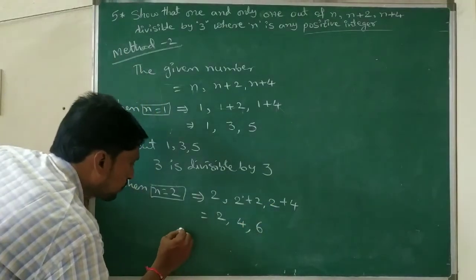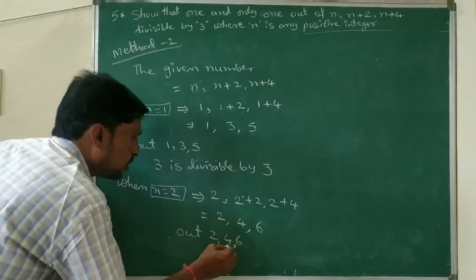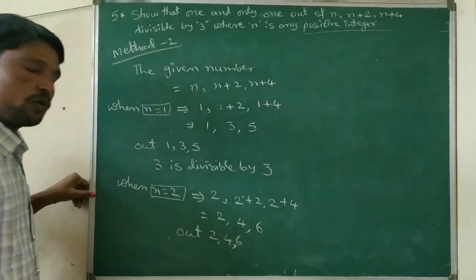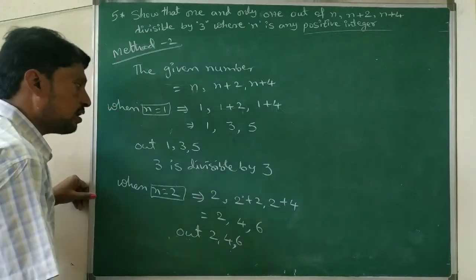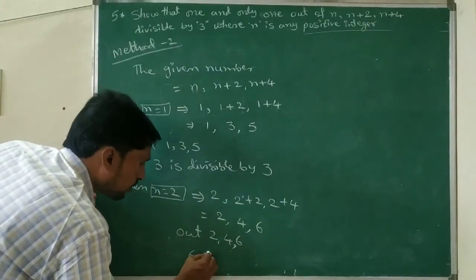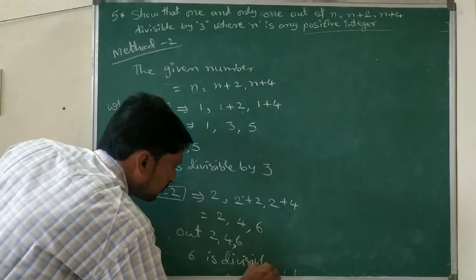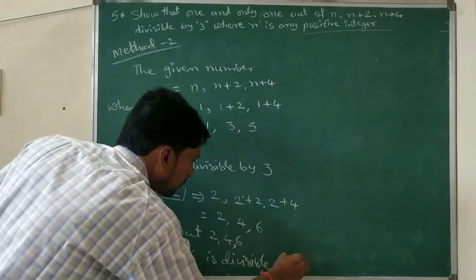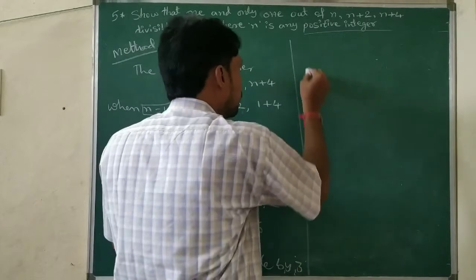So out of 2, 4, 6, is 2 divisible by 3? No. 4 also is not divisible by 3. 6 is divisible by 3, or not? Therefore 6 is divisible by 3.